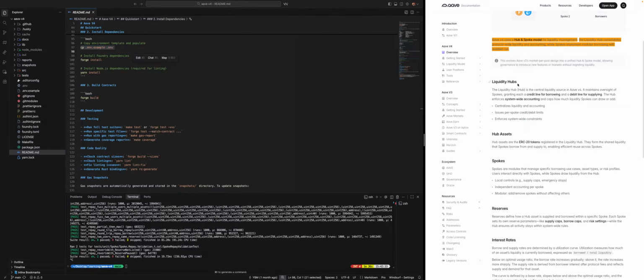So the liquidity hub is basically the one source for liquidity in V4, and it maintains credit lines and debit lines.